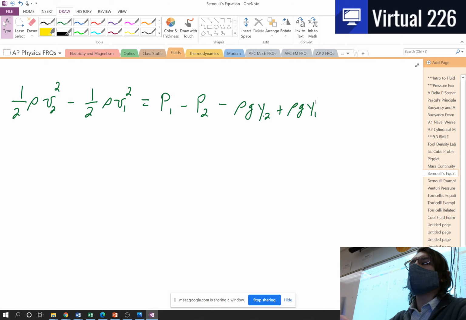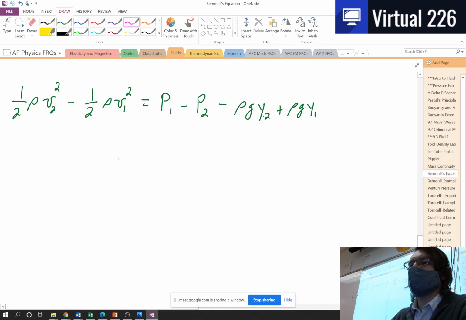And we are almost done with this equation. What we're going to do now is we've basically got a lot of 1s and 2s, things that happen at the beginning of the system and things that happen at the end of the system. Let's put all the 1s together and all the 2s together in this equation.